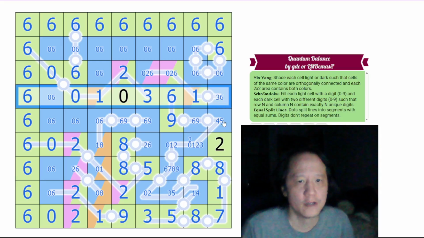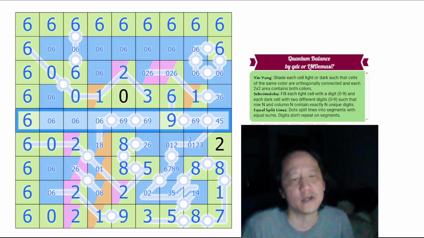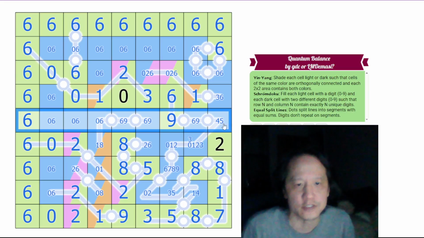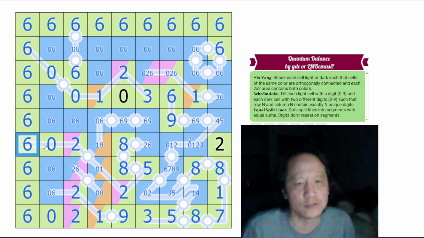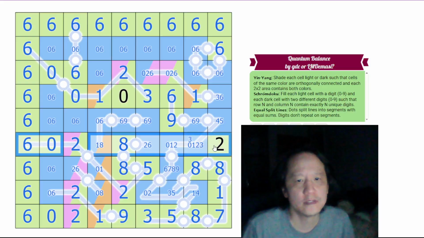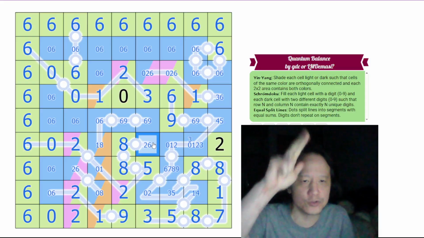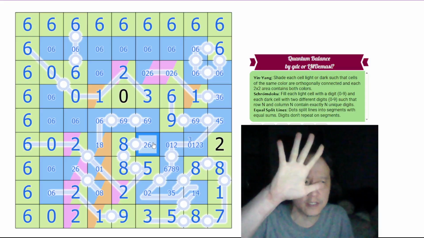That's 4. Unique digits in row 5: we have 0, 4, 5, 6, and 9. That's 5 unique digits. Unique digits in row 6: we have 0, 1, 2, 3, 6, and 8.